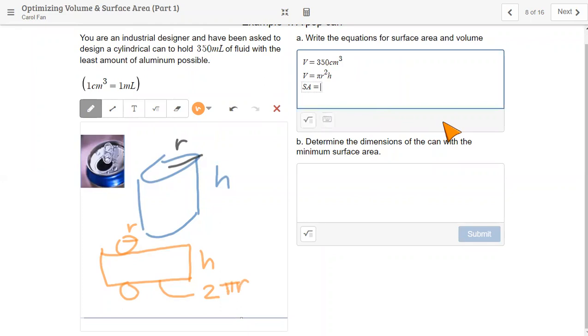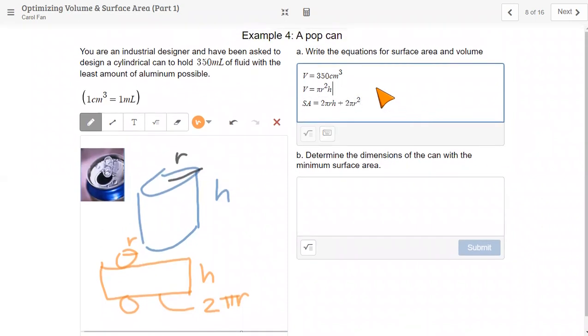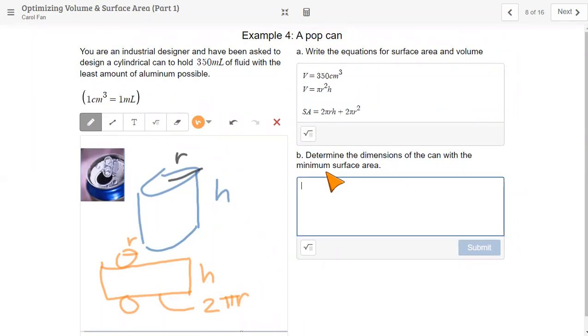So surface area, we have 2 pi r times h, that's our rectangular piece here, and then 2 circles, pi r squared. Find the dimension of the can that has the minimal surface area.